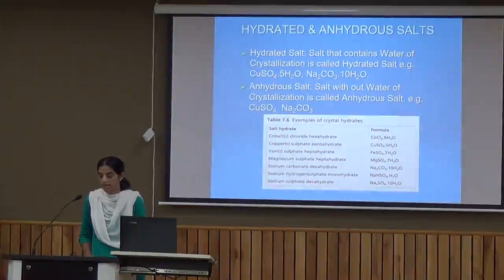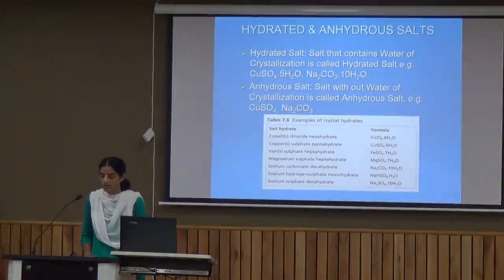Next comes the category of hydrated and anhydrous salts. Hydrated salts are those which contain water of crystallization. A question comes here, what is this water of crystallization? This is the chemically combined water which is present in the salt. Those salts which contain this water of crystallization are termed hydrated. Those which do not contain it are called anhydrous.